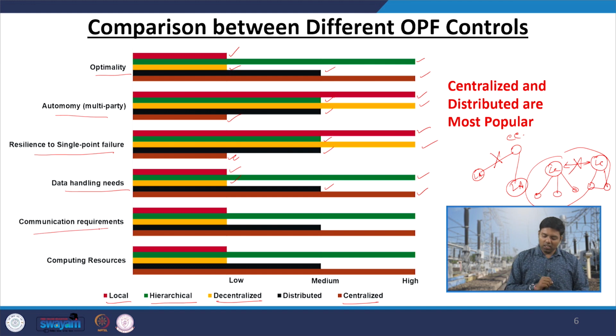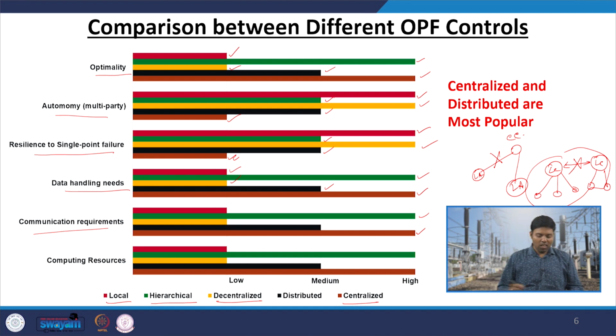Communication requirement is very high for your hierarchical and the centralized, because you need a long communication infrastructure to send all the data from the lowest level, or at the grid edge level, to the central controller level. So, if your customer or your DER is placed almost 20 to 30 kilometers away from your main substation, then you will need a 30 kilometers long dedicated communication channel that will send the data from the DERs to the central controller.